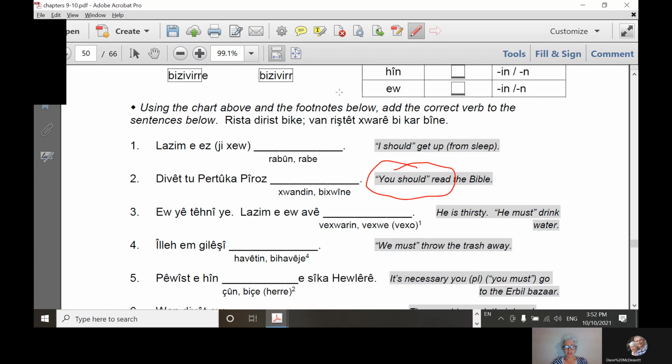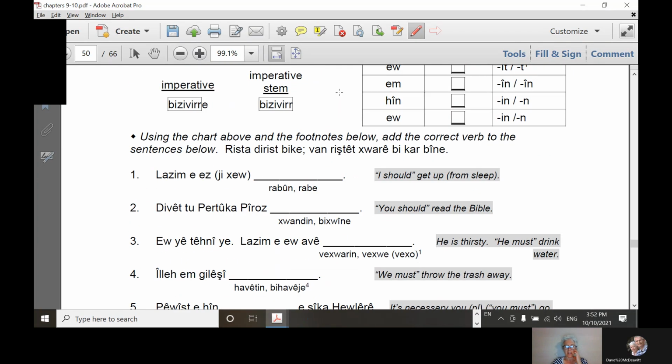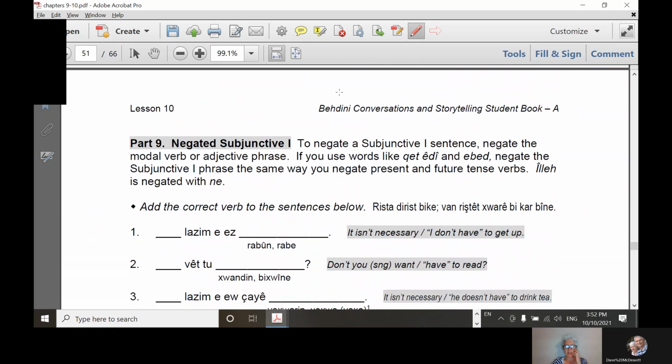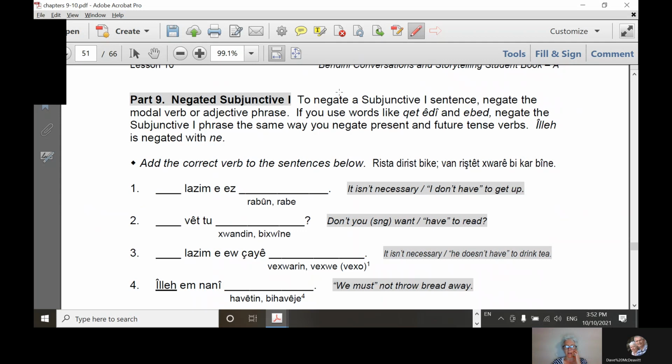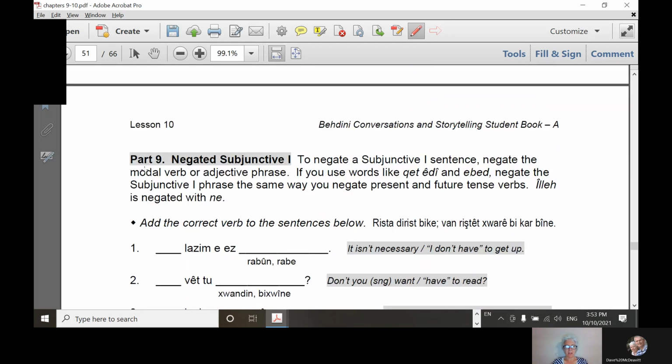All right, so I'm going to let you do all of those with your chart and check your answers in the answer key. If you're going to negate your subjunctive I, then you negate the modal verb or adjective phrase.